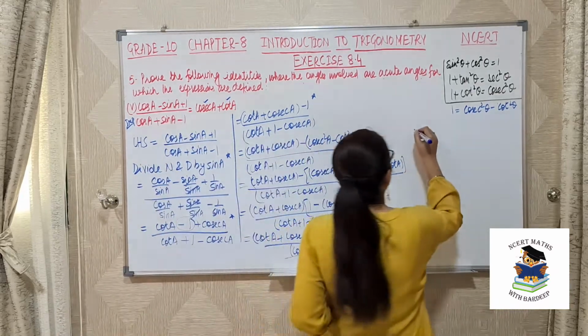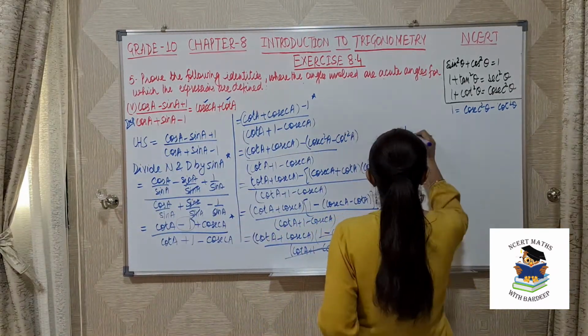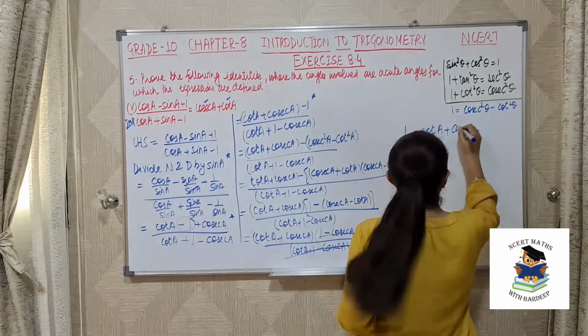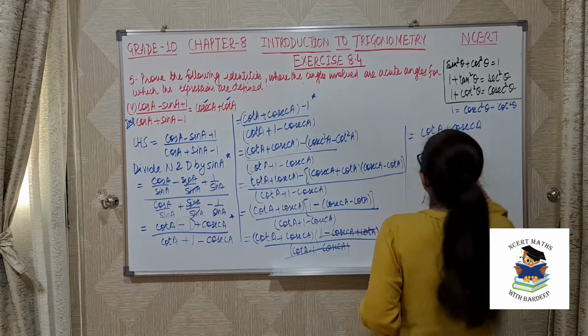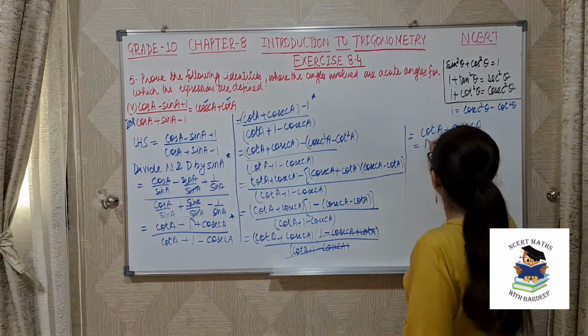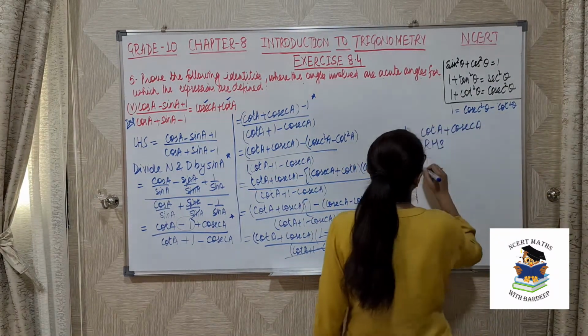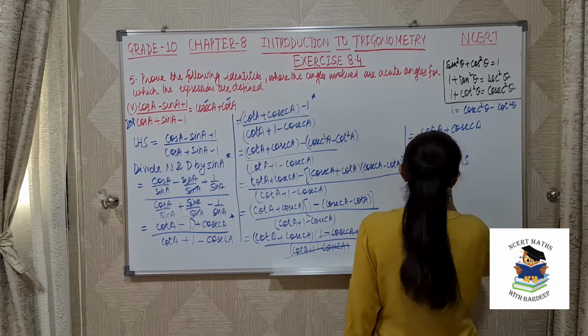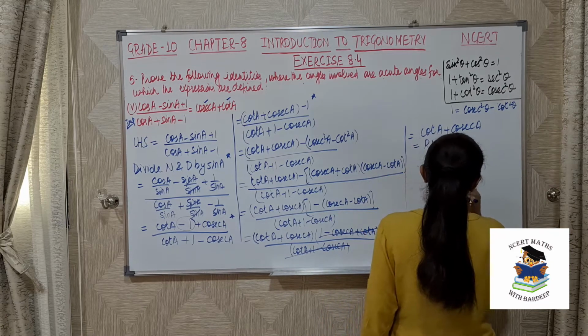That is, it is equal to cot a plus cosecant a. And this is what is to be proved. So this is equal to the right hand side. Therefore, left hand side is equal to right hand side. Hence, proved.